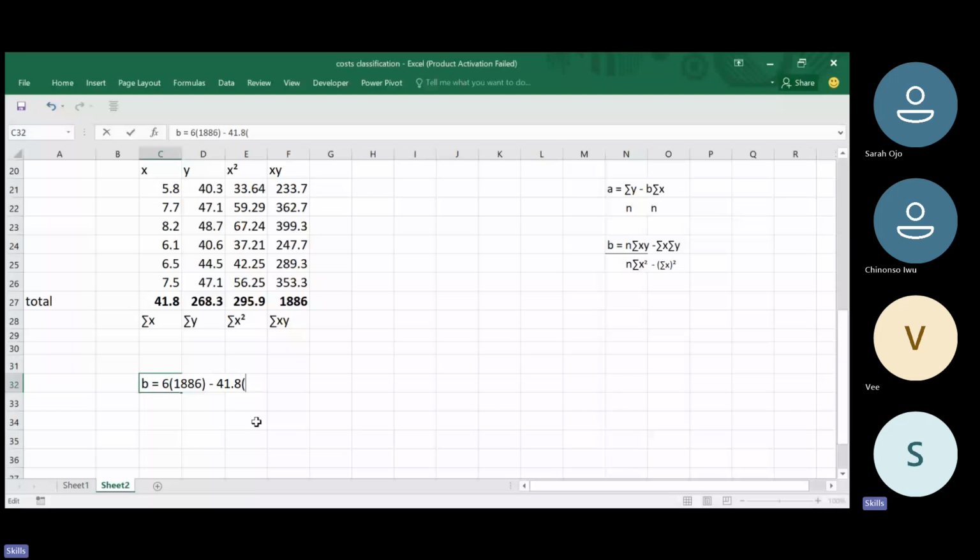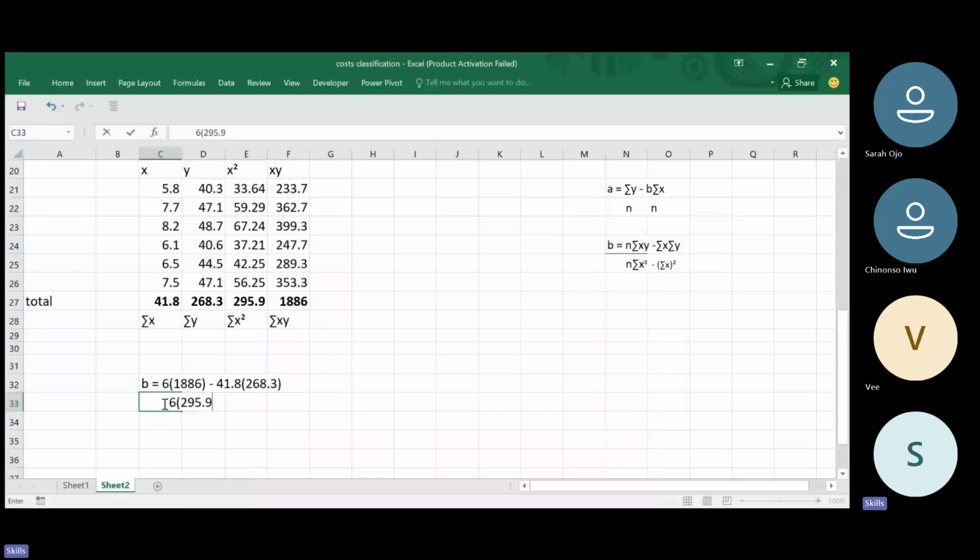Then we have summation y. What is the value of summation y? 268.3. Good. Then we come down here. We have n, which is 6. Then we have summation x squared. What is the value of the summation x squared? 295.9.